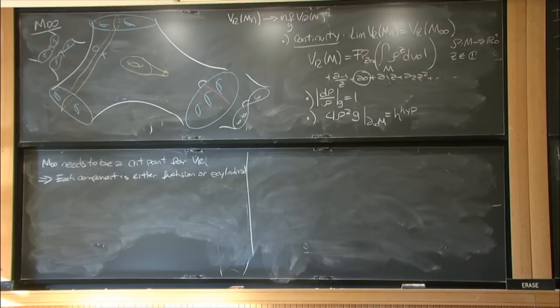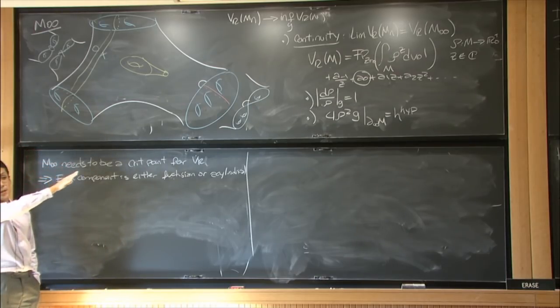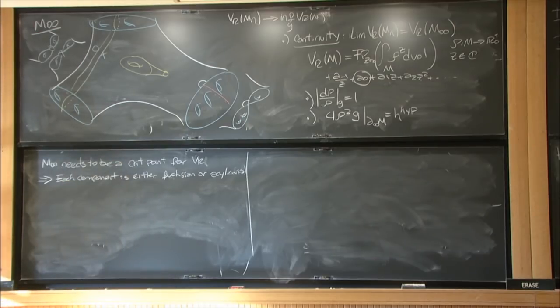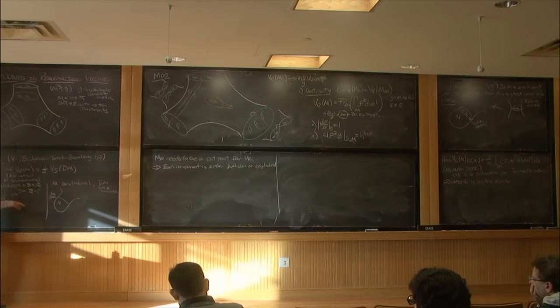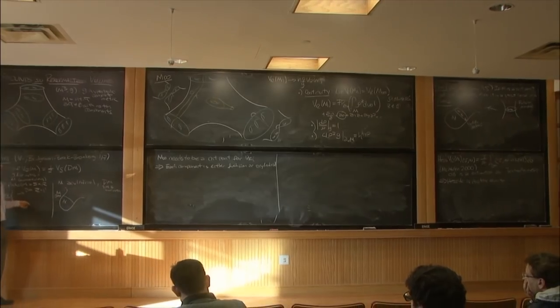So how do you produce a minimum for renormalized volume? Well, you just need to cut along enough cylinders, do maybe some drilling, maybe some pinching, up until each component looks like that. And you calculate the renormalized volume in those limits.